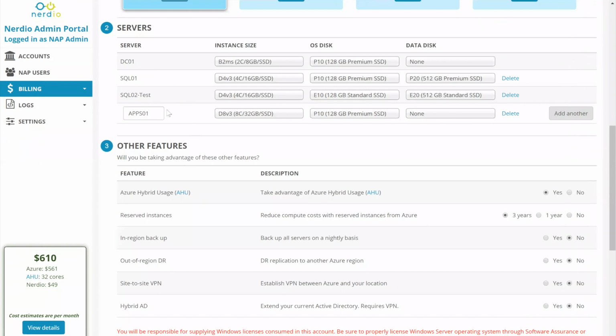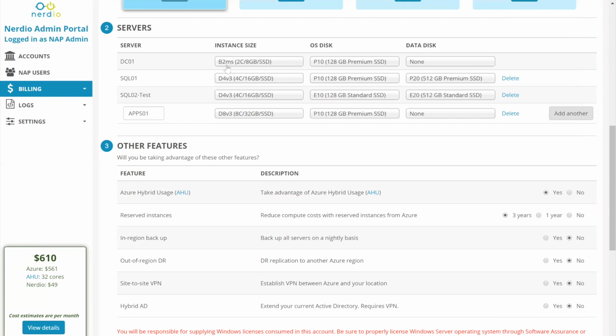It means that if I have an 8-core VM, then I need a single 8-core pack to cover it. If I have a 16-core VM, I obviously need 2 of those core packs. However, if you have less than 8 or a non-integer multiple of 8, you need to round up. So even if I have a 2-core VM, I still need to purchase an 8-core pack, because that's the only way they get sold. They get sold in 8-core packs.